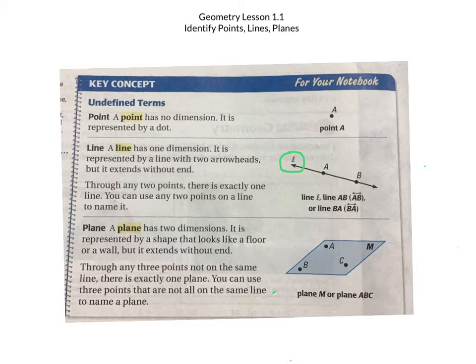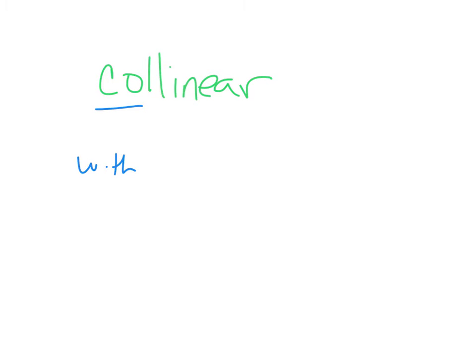All right, so let's talk about collinear points. Collinear, I read that down. You should have this stuff all in your journal already. Collinear, if you break that down, co means with, and linear means line.